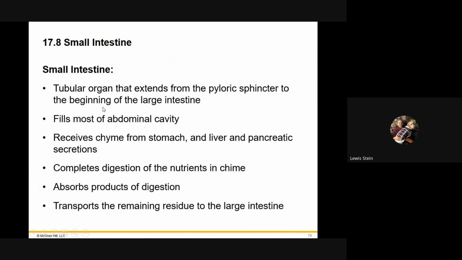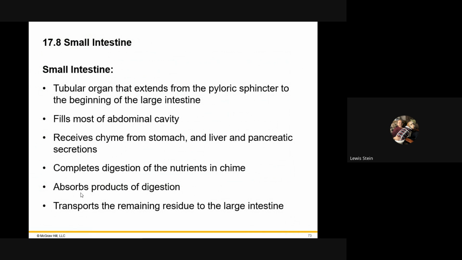Small intestine. We talked about it. All the way from the pyloric sphincter, where it starts from the duodenum, all the way out, most of the abdominal cavity, chyme from all of these areas. And this is where we complete digestion. It's mostly chemical. The mechanical act is more about just moving it, segmentation back and forth, peristalsis pushing it along, and effectively all of the absorption.